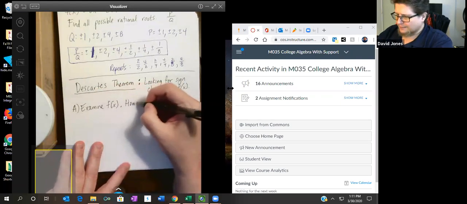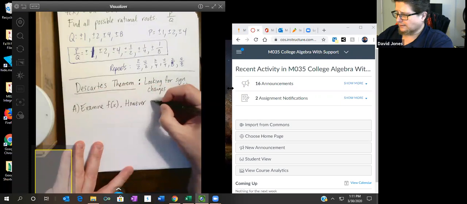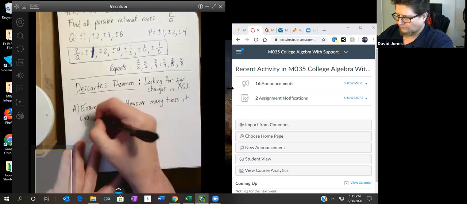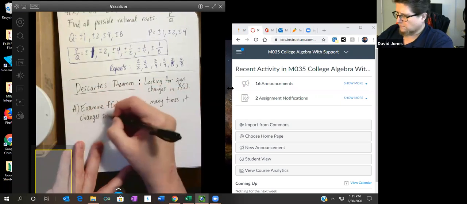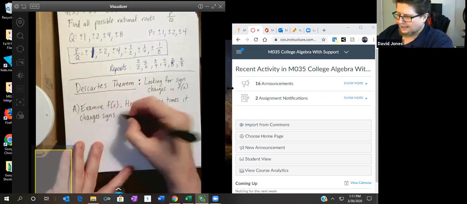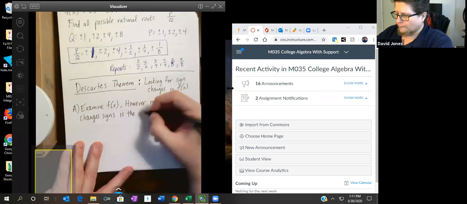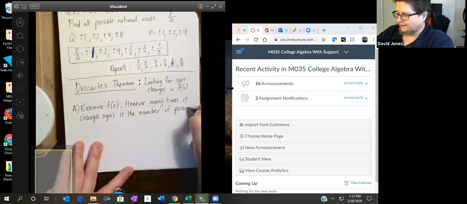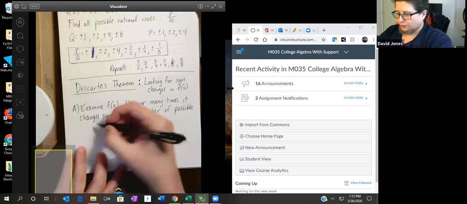However many times it changes signs is the number of possible positive real roots.